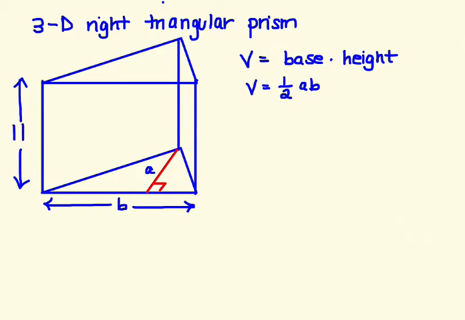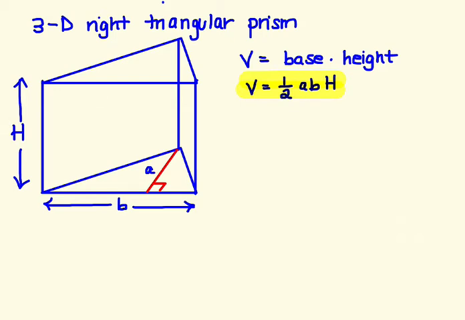If I use letters representing base and height for the bases of a solid, I'll use lowercase letters. If I'm talking about base and height of the actual whole 3D object, I'll use a capital H. So this would be times a capital H, and that's the formula for the volume of a triangular prism.